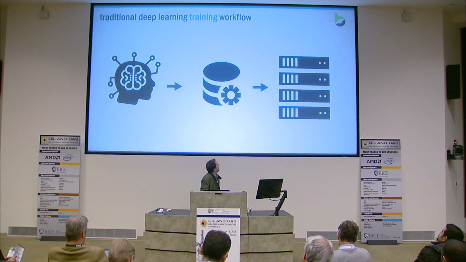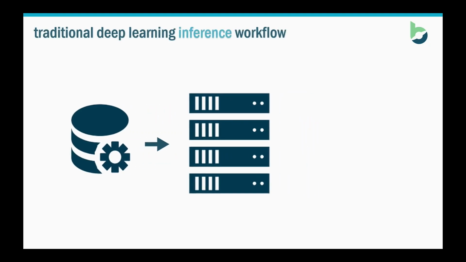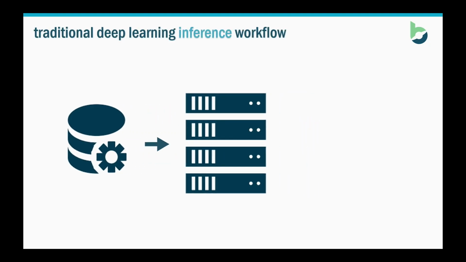Let's look at the deep learning inference step, which is much more trivial. What we see here is that we only have to put the data into the nodes and run inference, and you get the result. Let's say that we have a network that finds salt that you've trained, and now we want to run inference on that data set.